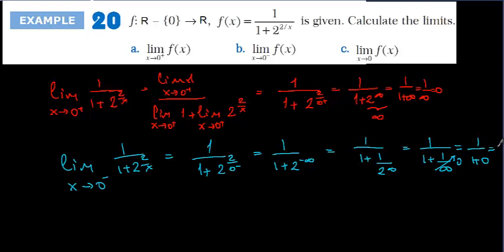Then the answer is going to be equal to 1 for this question. For the left-sided limit and right-sided limit, the limit as x tends to 0 of f(x) doesn't exist in this case, because the left-sided limit is not equal to the right-sided limit.